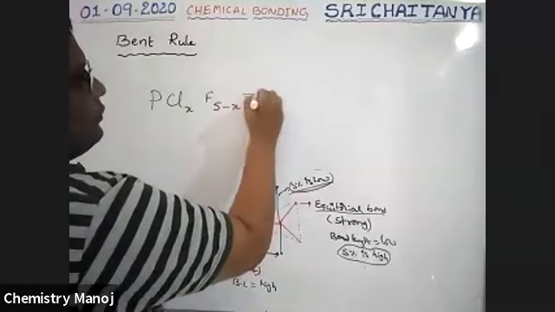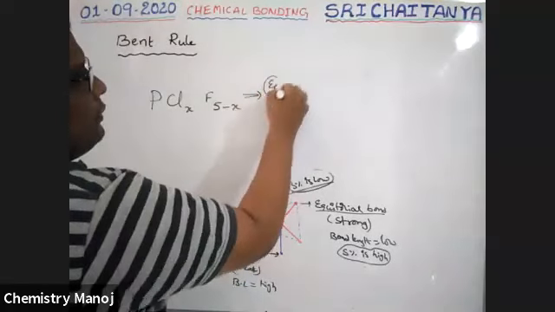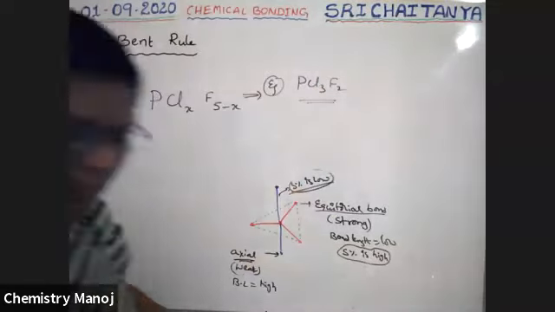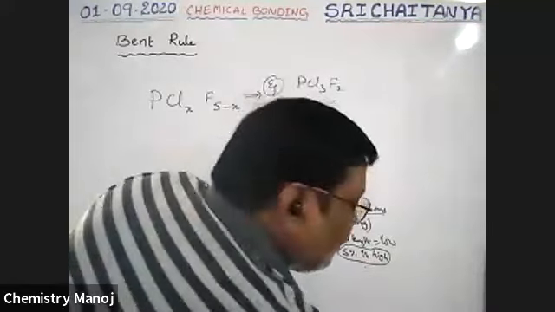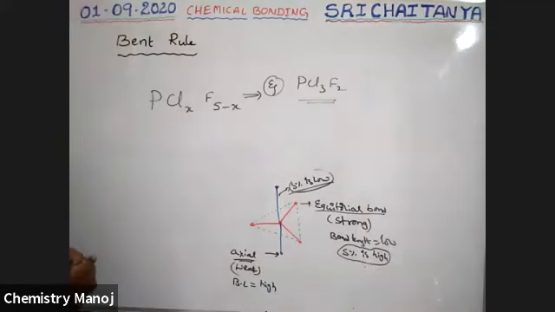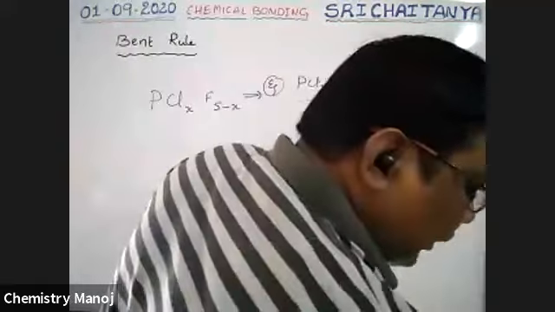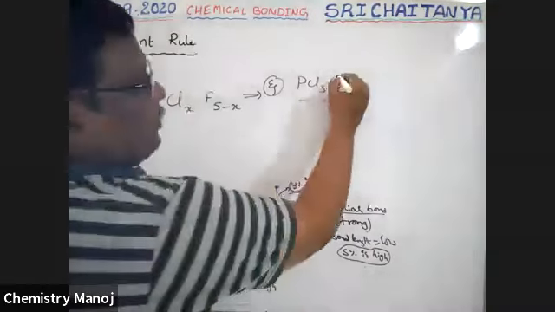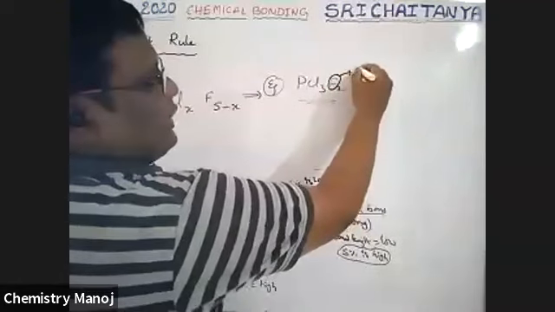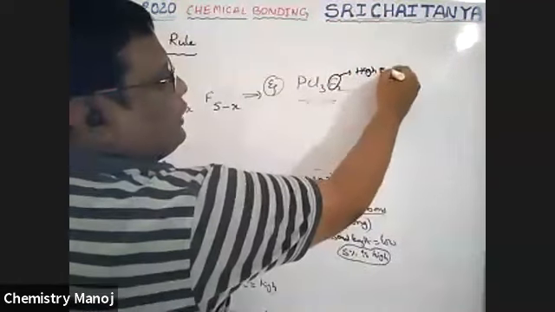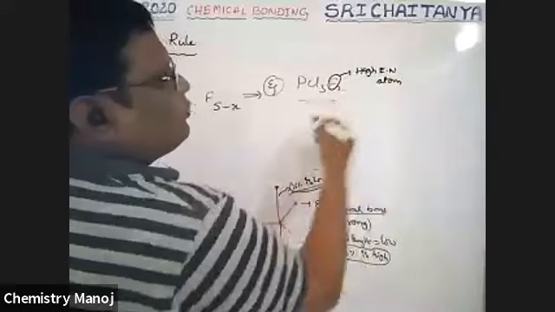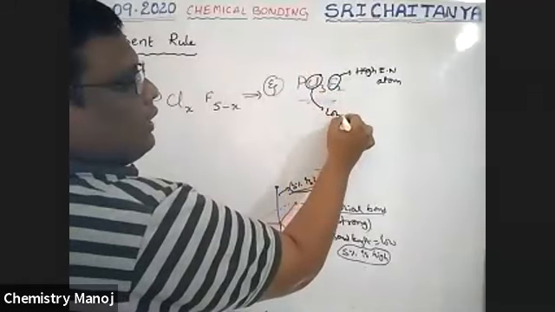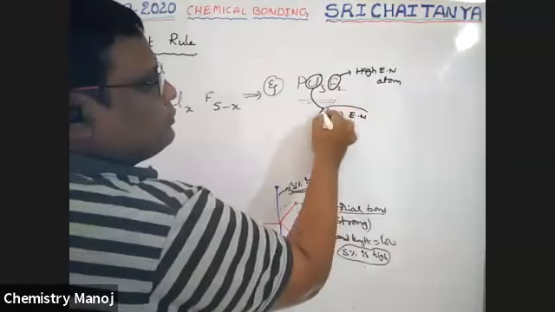Example, PCl3F2. In this type of molecules, fluorine is a highly electronegative atom, and chlorine, when compared to fluorine, is a less electronegative atom.